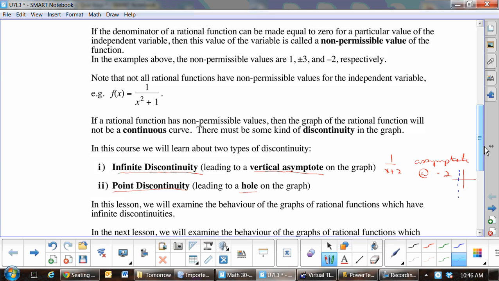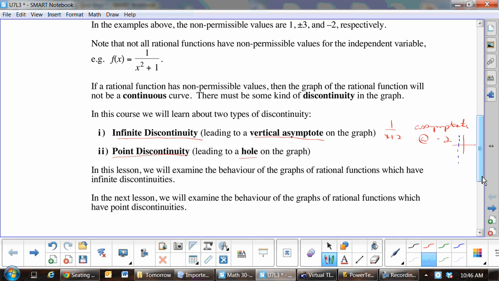Well, I would have a hole if I had x plus 2 times x plus 3 over x plus 2. At first glance, if you just look at the bottoms, you go, what? That doesn't make sense. They're both x plus 2 in the bottom. Why is that one a hole, and why is the other one an asymptote? Because when this and this cancel, I would be left with x plus 3, where x cannot equal -2.